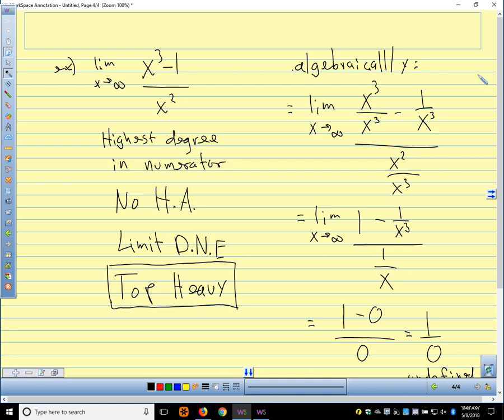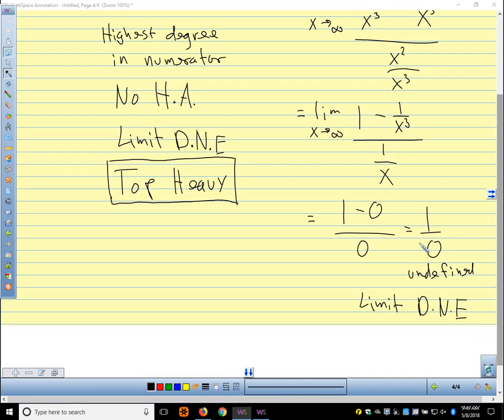So I was applying that here. We could think of this individual function, that little piece, as bottom heavy, so the limit is 0. This little piece is bottom heavy, so the limit is 0. So we get 1 over 0. Okay.